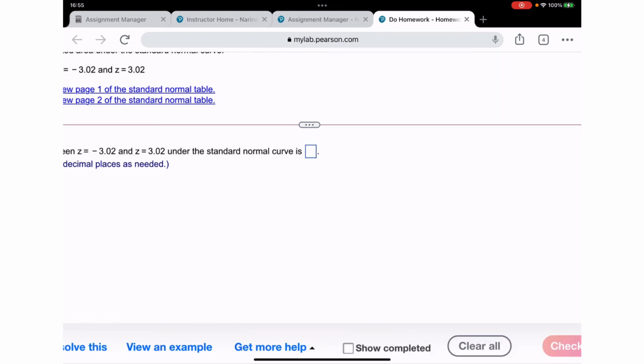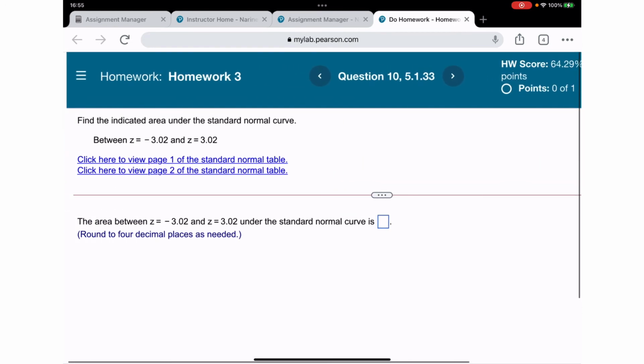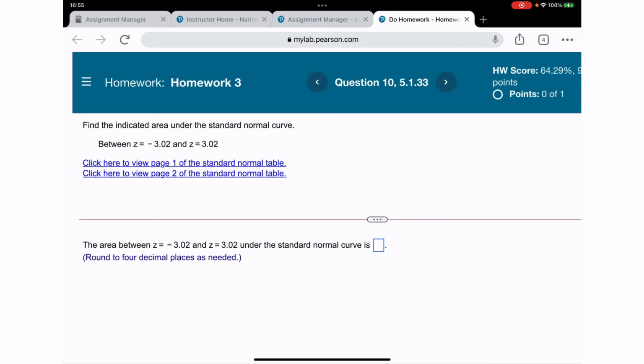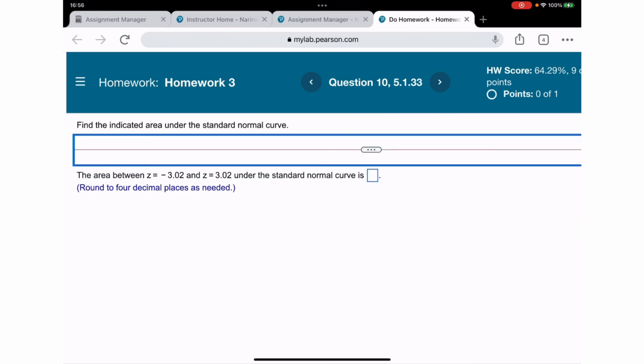Excellent. So moving to question number 10. So it's going to be the same. You need to find between these two, right? So let's work on it. So negative 3.02. Since it's negative, I'm opening the first one.